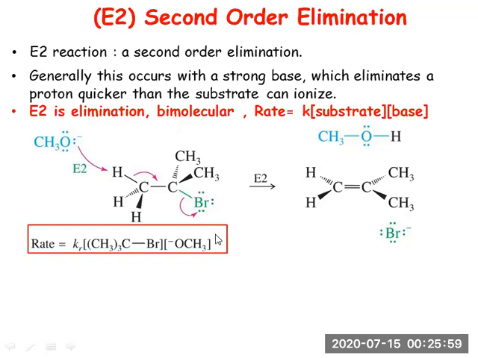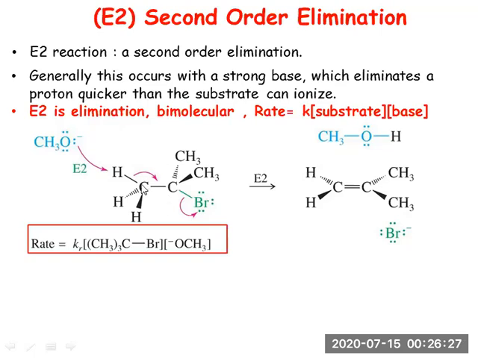This is a one-step reaction where the base approaches the beta hydrogen. The bond between carbon and beta hydrogen is broken partially. A bond between the beta carbon and alpha carbon, a pi bond, is partially formed, and simultaneously the bond between alpha carbon and the leaving group is broken.